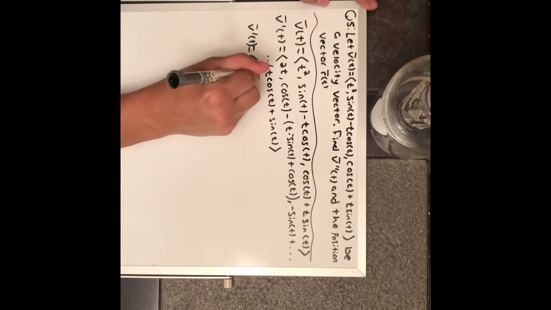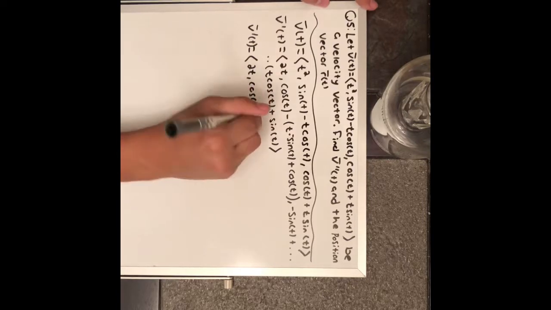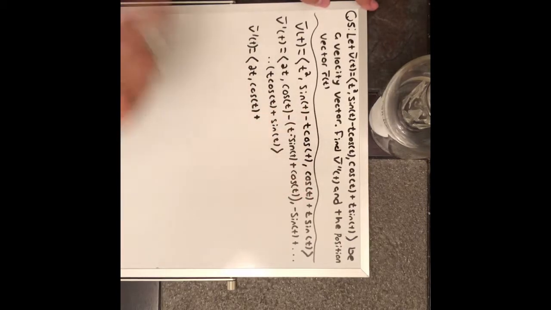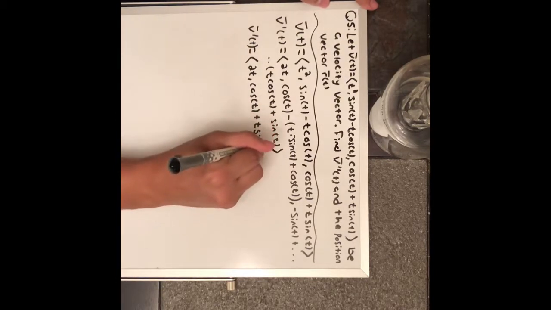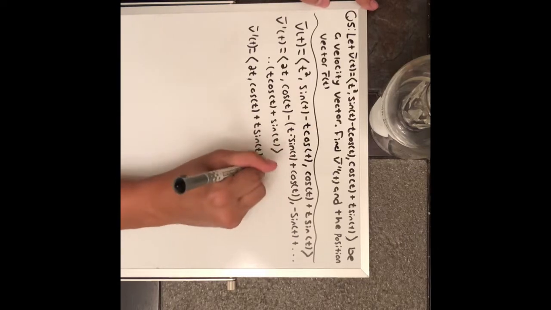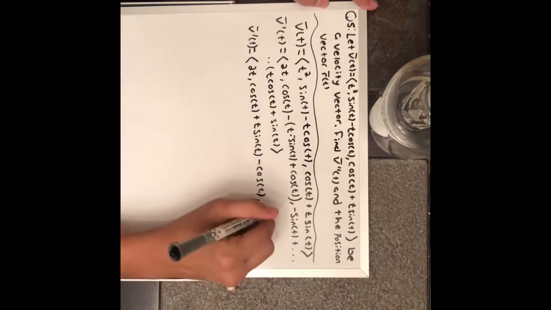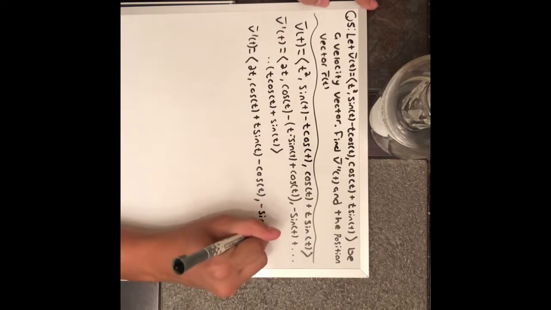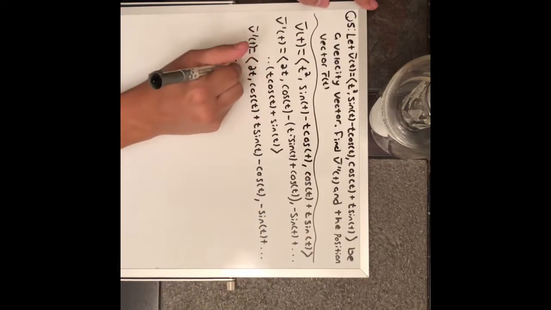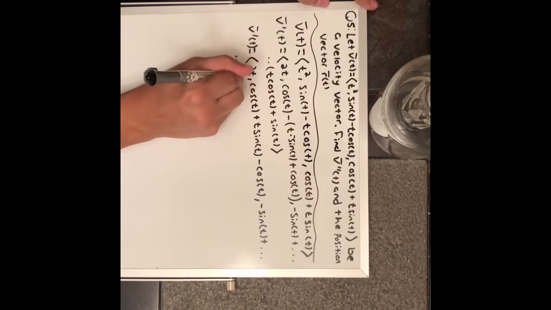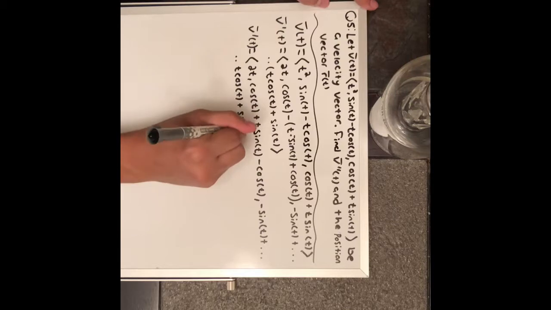So we're going to have v prime of t, 2t, comma, cosine t plus, distributing the negative into the parentheses, plus t sine of t minus cosine of t, comma, negative sine t plus t cosine t plus sine of t.